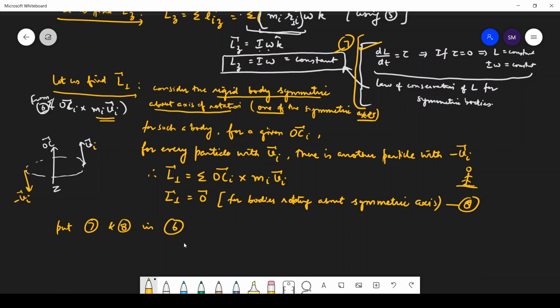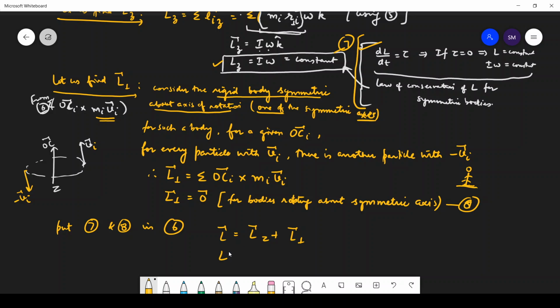Okay, so what do we get? So what was your value of L? L was your Lz plus L perpendicular to the z axis, and we have found Lz is equal to I omega. And what is the direction? That is along the z axis. So it is clearly written along the z axis.